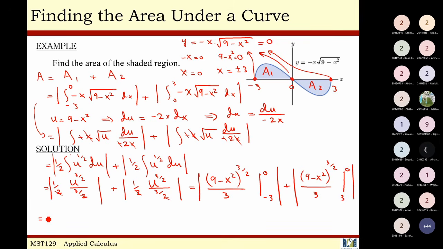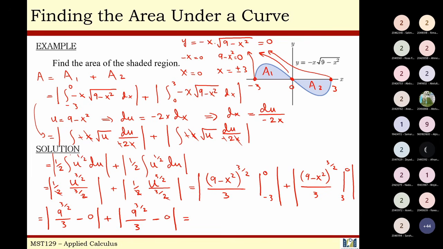So we substitute 0: we have 9 to the power 3 over 2 over 3, minus substitute negative 3, this is 0, plus substitute 0, we have 9 to the power 3 over 2 over 3, minus substitute 3, we have 0.